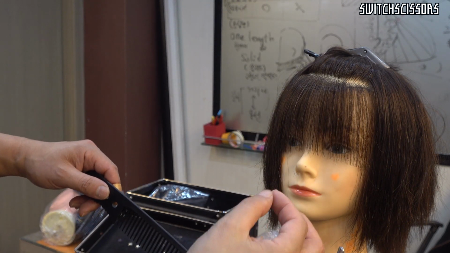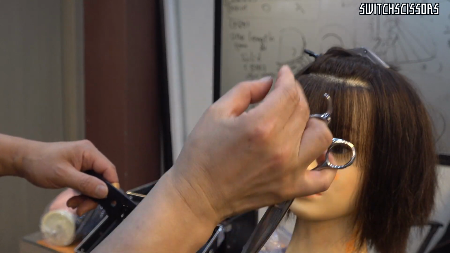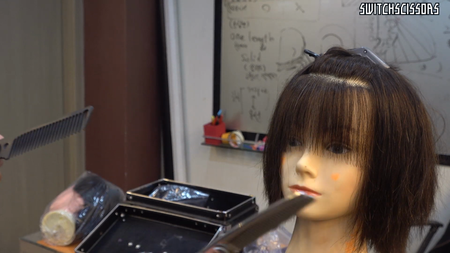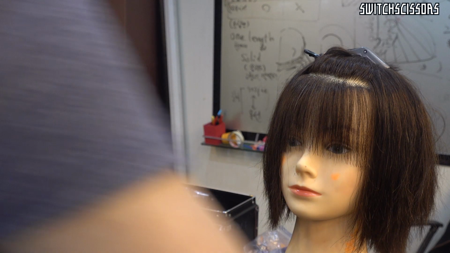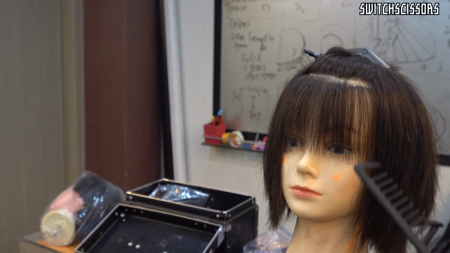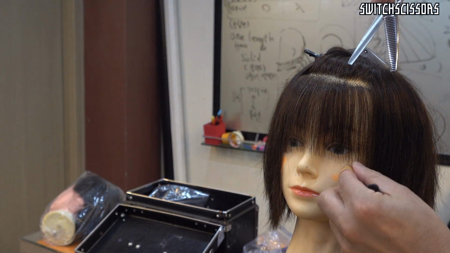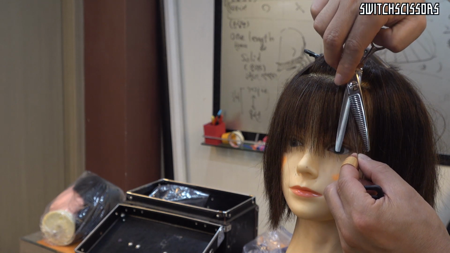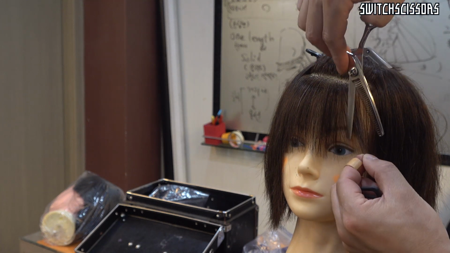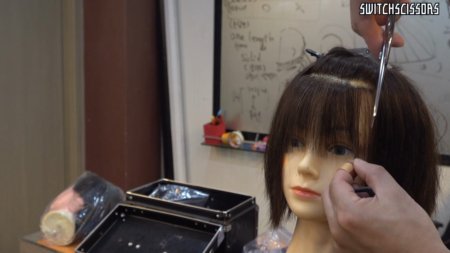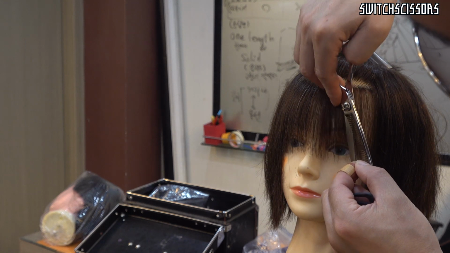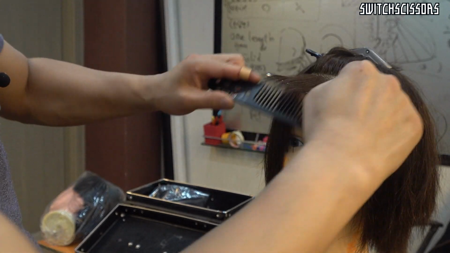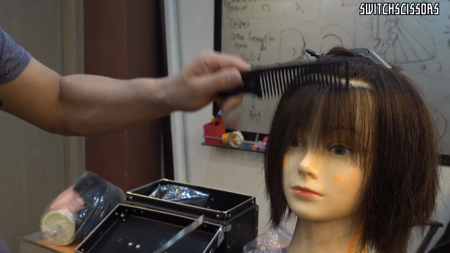If we see a thick surface in some area, with the thin scissors we can treat that area: side slicing, side up and side slicing, and deep point cut.